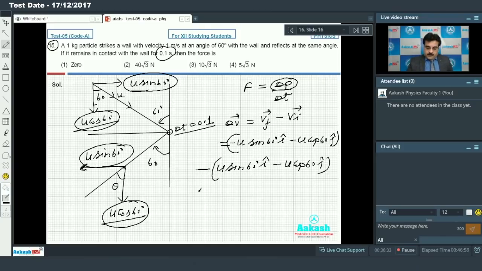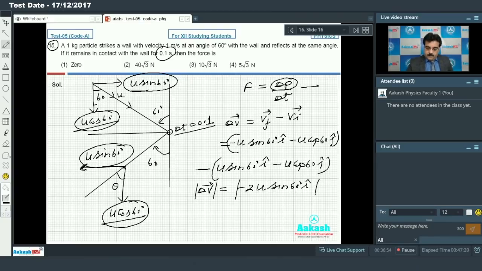So when you solve this, we will get the change in velocity is minus 2u sin 60 i cap only, and this is the change in velocity. If I go for the magnitude, we can ignore this negative sign.